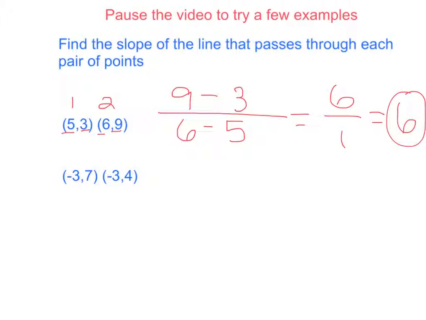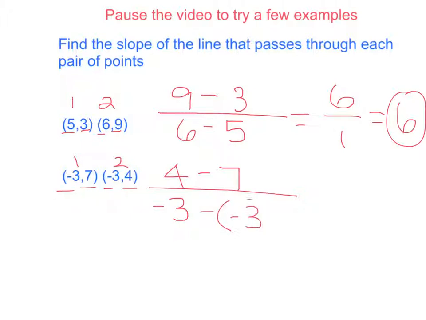The next one, we identify our 1 and our 2. Our y2 is 4, our x2 is negative 3, minus my y1 which is 7, my x1 which is negative 3. So this one is 4 minus 7, which would be negative 3, and then it would be over 0.